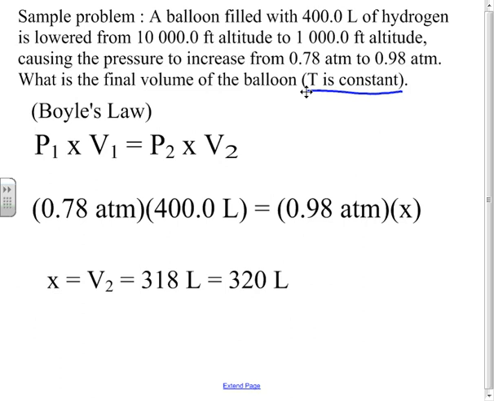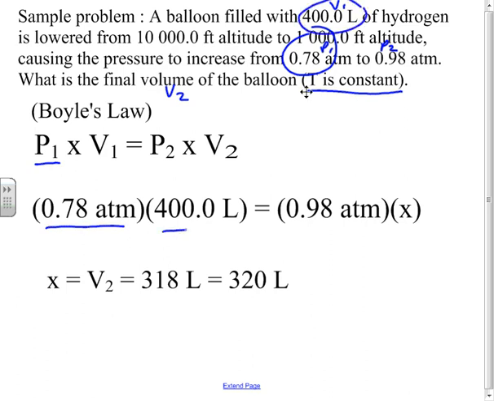And it's really just a matter of plug and chug. Here we're given a V1 and a P1 and a P2, and we're asked for a V2. So it's just a matter of plugging in. P1 is given as 0.78 atmospheres.